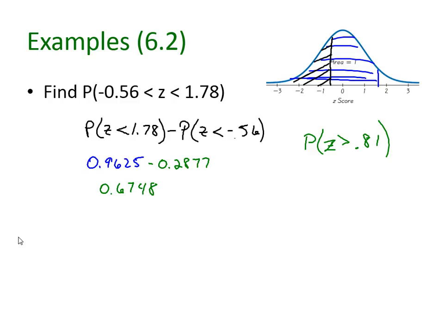But the problem with this one is I'm wanting the probability that it is greater than this. What you just found was 0.7 what?